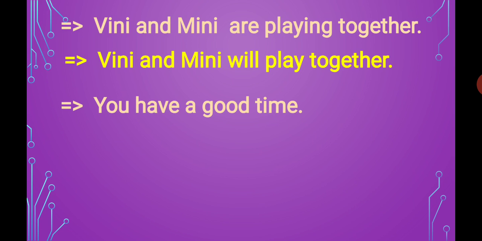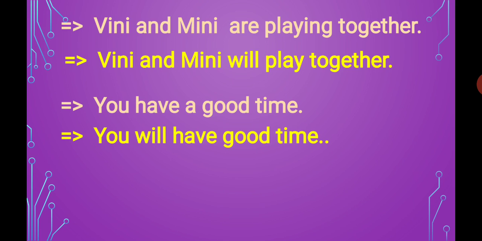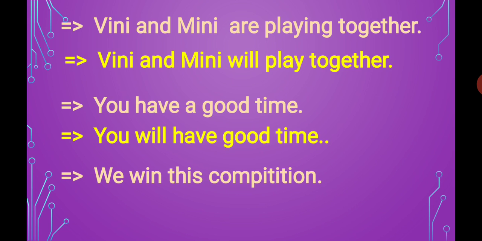Next sentence: you have a good time. Here the verb is have. So before have we add will. The answer: you will have a good time. Understand? Next is: we win this competition.